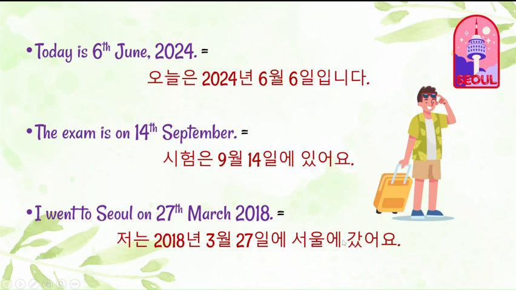And here again 에 has been used as a location particle in Korean. If you want to know the usage of 에 as a location particle, you can go and watch my complete video series on Korean time and location particle 에 and 에서. Here 에 is denoting the location, that is Seoul, and the verb 가다 means to go. In past tense, 갔어요. This is how you translate this sentence in Korean.